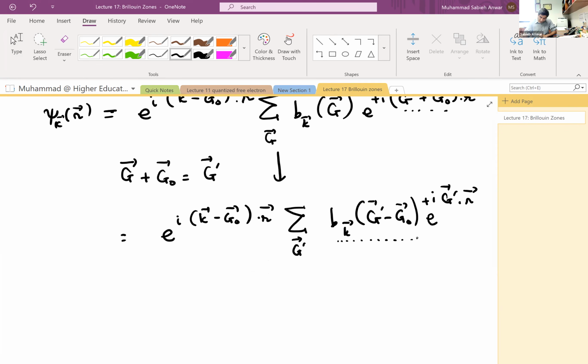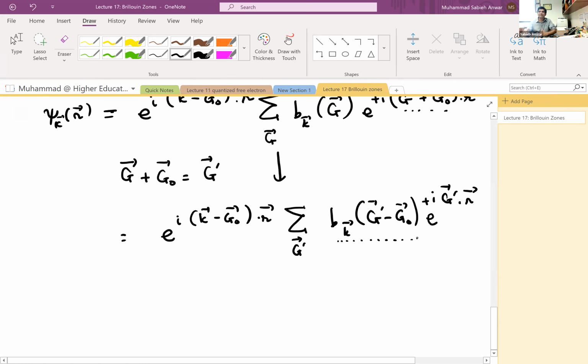So K is a point in the reciprocal space, G is a point in the reciprocal space, and G naught is a point in the reciprocal space. All three of these vectors, K, which is fixed by the way in this expression, G prime, which is the running variable of interest because we're summing over all G primes, and G naught, all three lie in the K space.